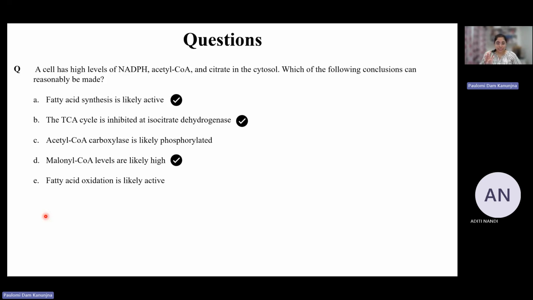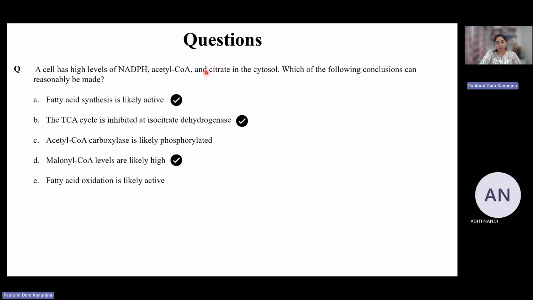And the next one: citrate positively influences the acetyl coenzyme A carboxylase activity, right? Which increases the malonyl coenzyme A content. So based on that deduction, look at the answers. One says fatty acid synthesis is likely active, which is lipogenic conditions. Second says the TCA cycle is inhibited at isocitrate dehydrogenase.